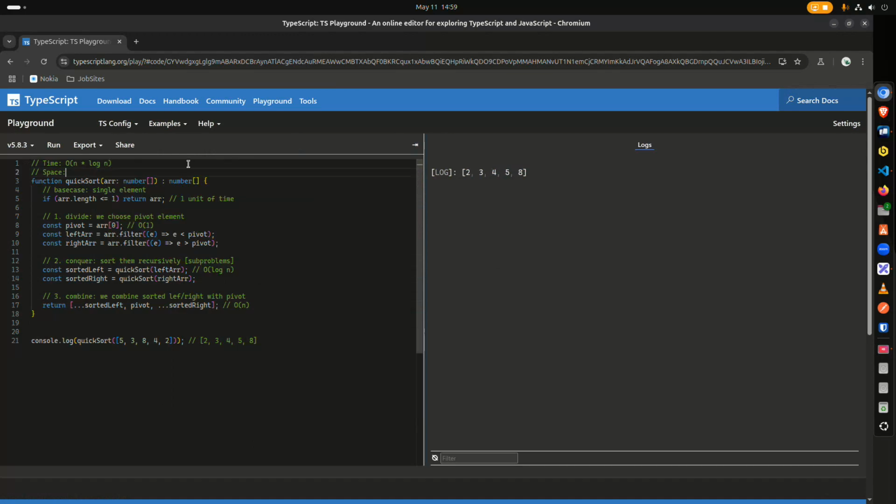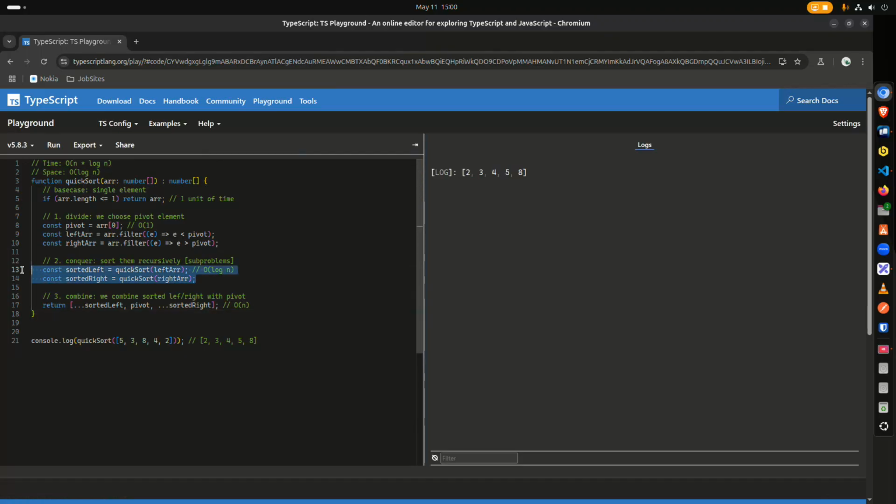And for the space complexity, we check if we're using any variables. In this case, we are not using any local variables. However, the call stack, this part, takes up some space, and so that is the space that we're worrying about. We know that it takes log of n as a space complexity.